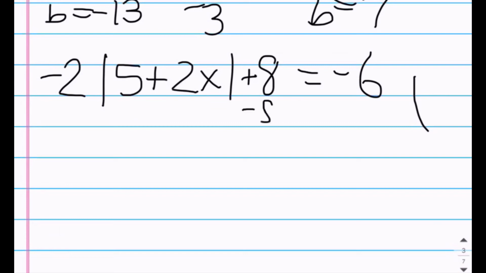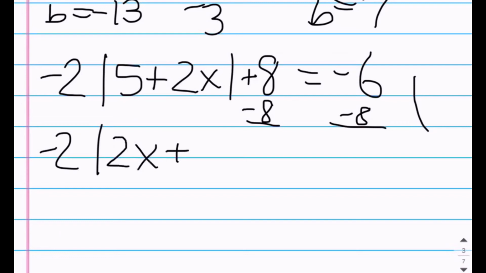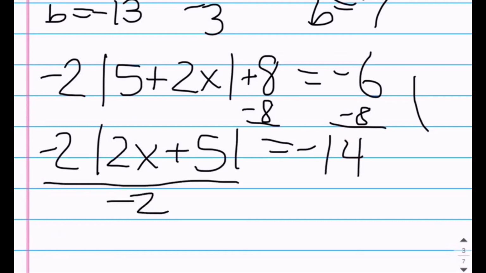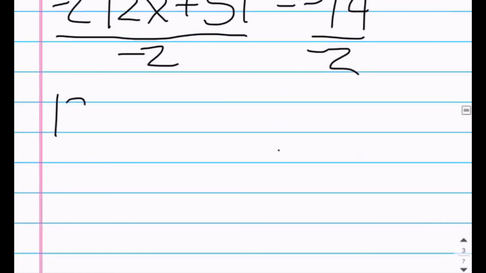So first, let's subtract 8 from both sides. Now when we rewrite this problem, we have negative 2 times, let's even write this 5 plus 2x as 2x plus 5, as it's easier to see that way, is equal to negative 14. Now, let's divide by negative 2, divide by negative 2, and when you rewrite this problem, you get the distance between 2x and negative 5 is 7.